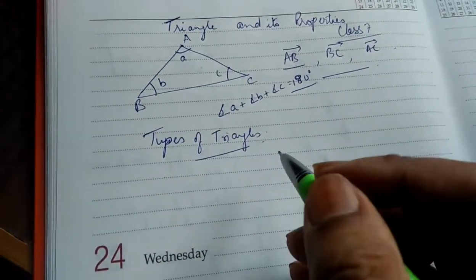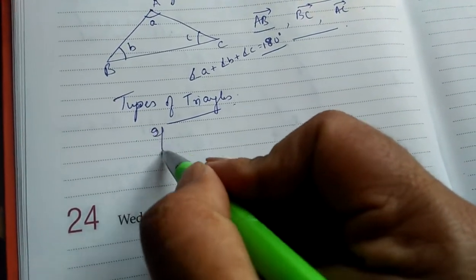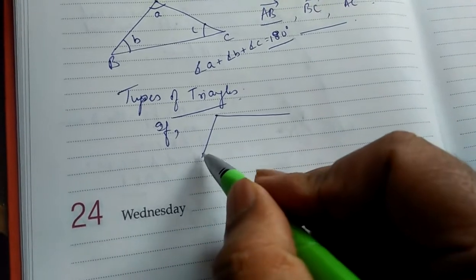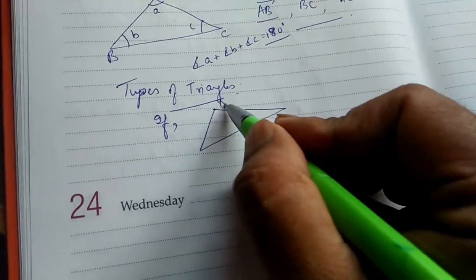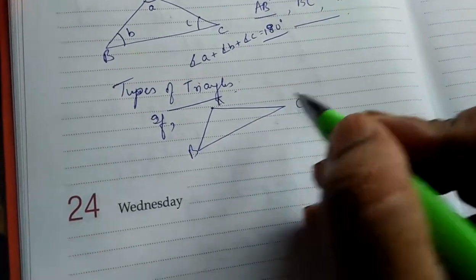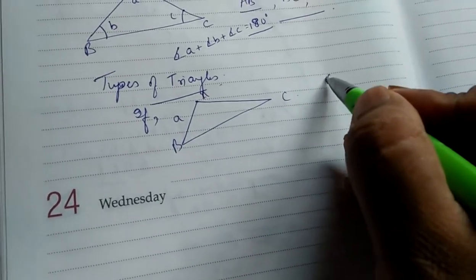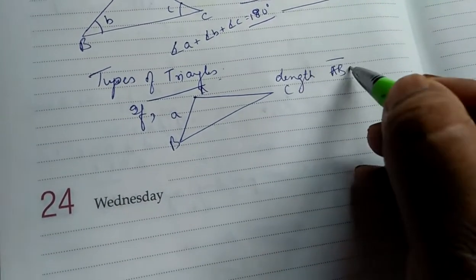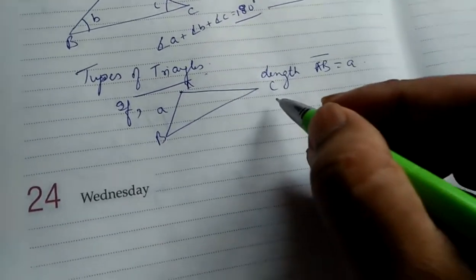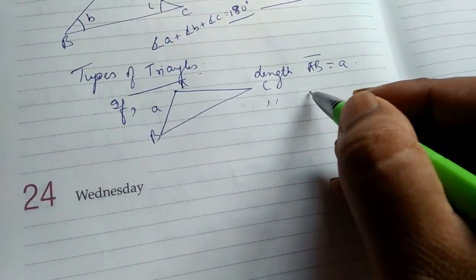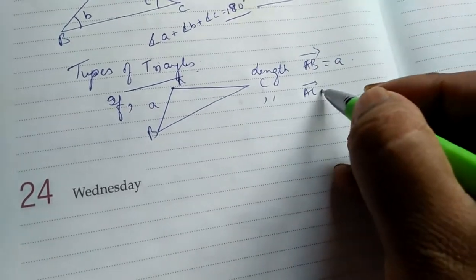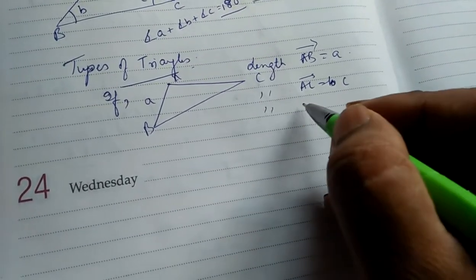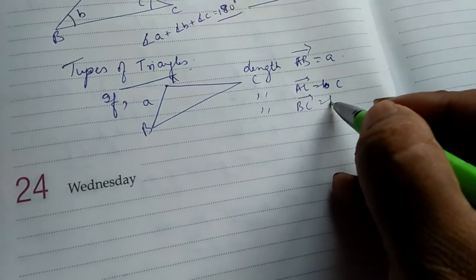Okay, so if A, B, C, now let length AB be equal to c, length AC is equal to b, length BC is equal to a.